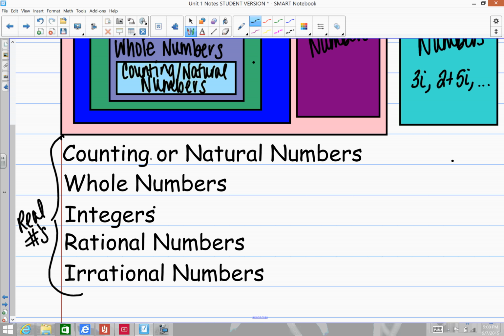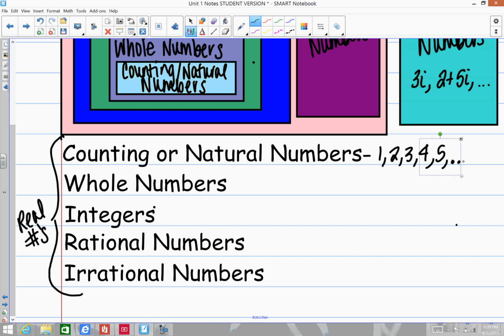Let's just go through and give some examples so it's easier. So counting in natural numbers, those are the numbers that start at 1 and they go up. So 1, 2, 3, 4, 5, and then so on. So dot, dot, dot. And then whole numbers, the only difference is they start at 0. So 0, 1, 2, 3, 4, 5, and so on.